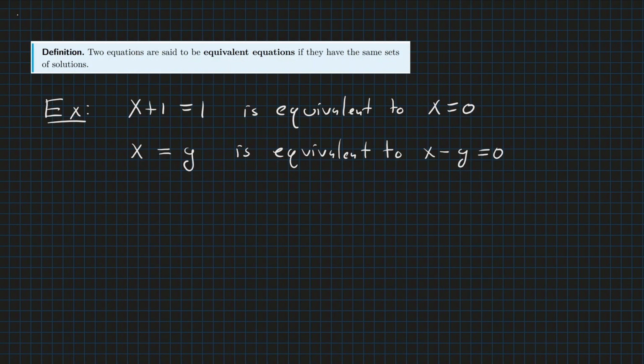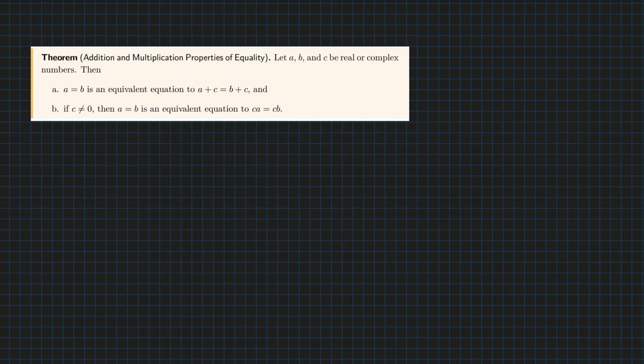The reason why we can add and subtract, in fact we can multiply, is because there's a small theorem going on here: the addition and multiplicative properties of equality. So if you have a, b, and c real or complex numbers, then a is equal to b is equivalent to the equation a plus c is equal to b plus c. So for example, if you have x plus 2 is equal to y, this is equivalent to x is equal to y minus 2.